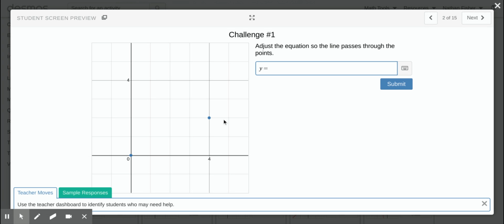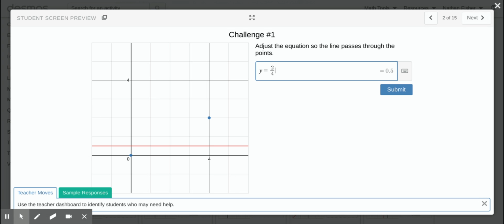So if I put that in here, my slope is going to be 2 over 4 x, and then I said plus 0. If you saw before, the plus 0 doesn't actually do anything in this one. So now that I made my slope 2 over 4, notice that it crosses through both points. The line does match that pair of points.